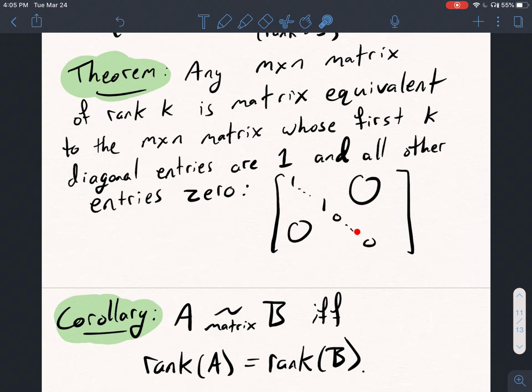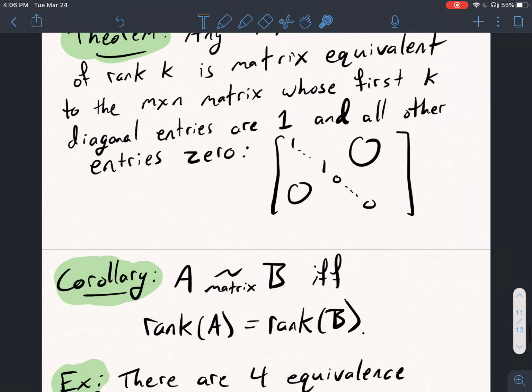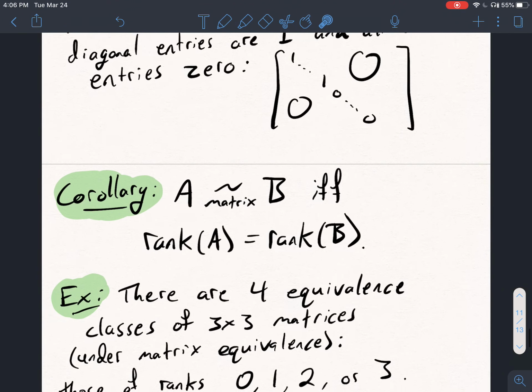And if two matrices are matrix equivalent to a matrix that looks like this, then you can say what the ranks are going to be based off of how many ones there are right there. And so that would tell you that they would have the same rank. So anyway, I don't want to talk too much more about that. I want to move on.